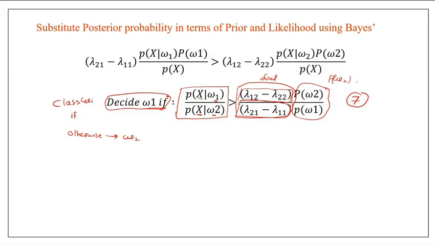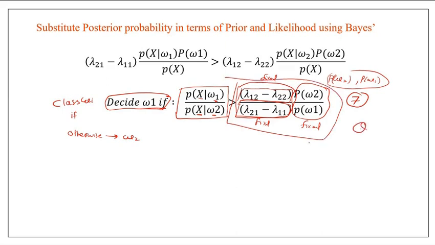So prior of omega 1 and prior of omega 2 are fixed for a given problem. So this is a fixed quantity, and this is also a fixed quantity. So I can call this some theta, a fixed number. And the left hand side is dependent on the input x. So if x is varied, this ratio is going to vary.